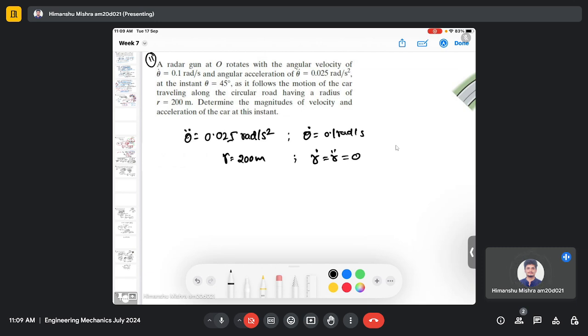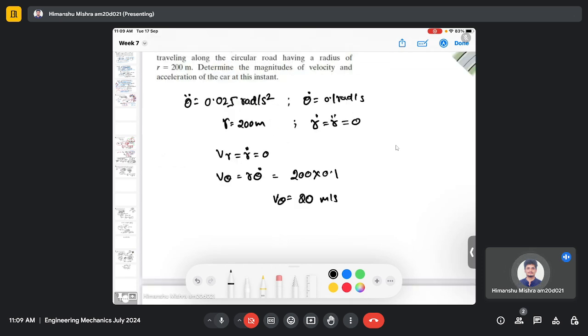So the radial component of velocity will be r dot, which is 0, and then the theta component will be r theta dot. r is 200 meter and theta dot is 0.1, so v theta will be 20 meter per second.